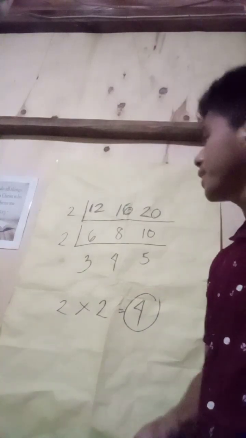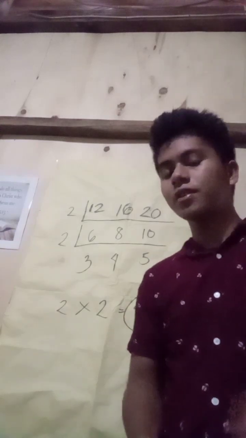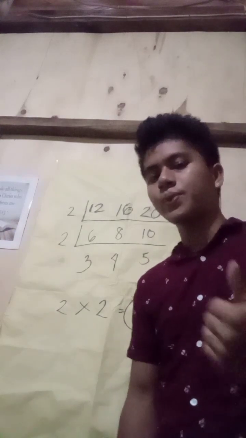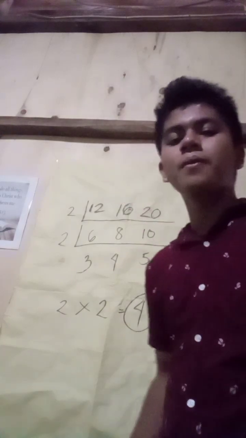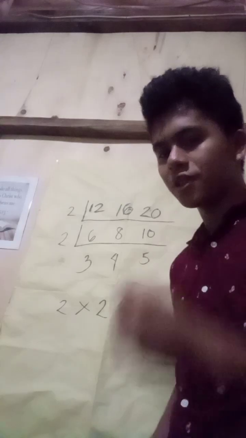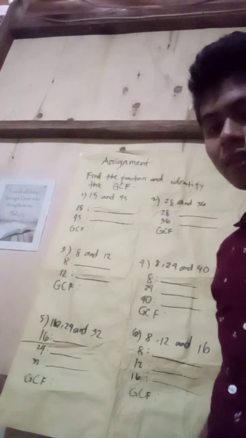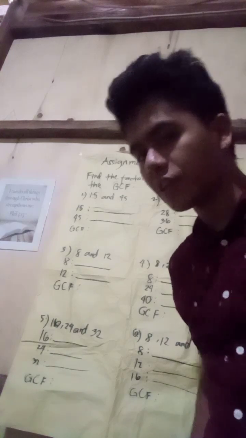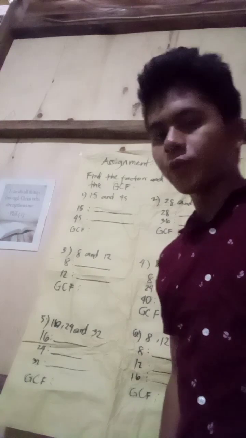So it's very easy. And because you listened carefully and you easily got our GCF, we will have an assignment. Now we are in our assignment for today. Assignment: find the factors and identify the GCF. So very easy. First, 15 and 45.